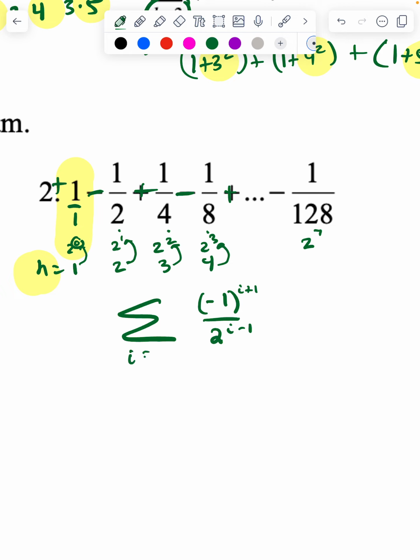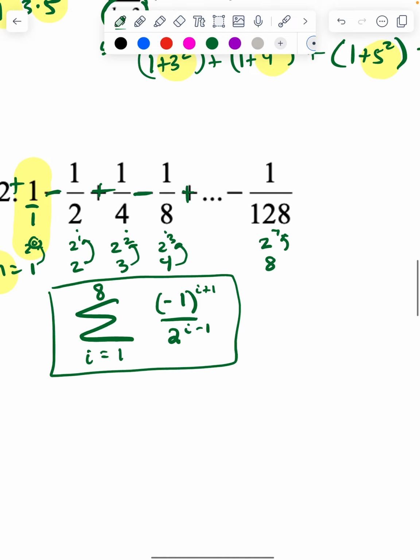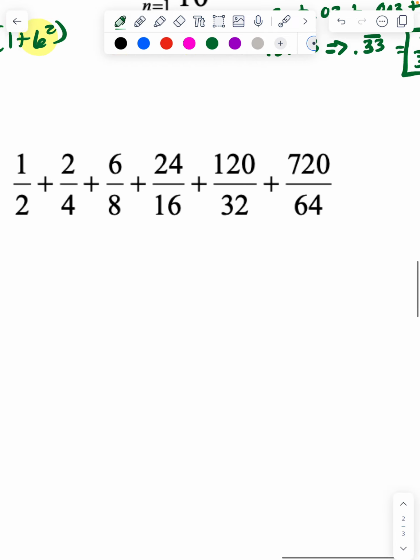So the first number that I would have plugged in here was a 1. But what about here? If this is a 7 and that's 1 less than the number I plugged in, I must have plugged in an 8. So my first term I got by plugging in a 1, and my last term I got by plugging in an 8. The -1 to a power of i plus 1 keeps my positives and negatives alternating and starts me with a positive.